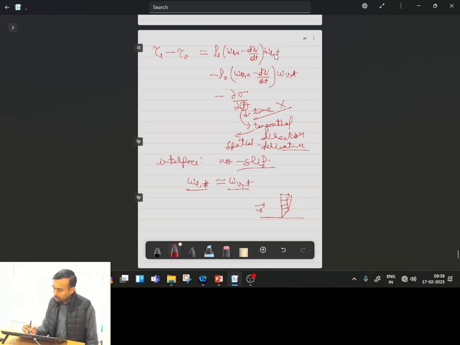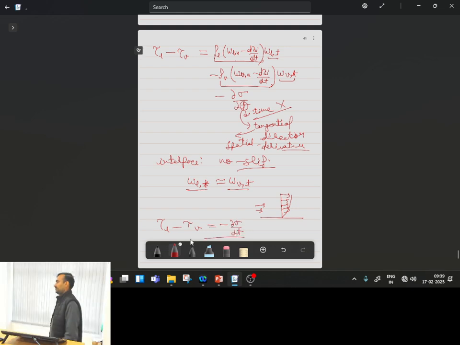So if WLT equals WVT, and this whole term is also equal, which we know from the mass balance across the interface, then from the mass balance this term is equal and from the no slip condition this term is equal, so this difference comes out to be 0. So ultimately I will find that tau L minus tau V will be equal to minus del sigma by del T. Is this one clear?